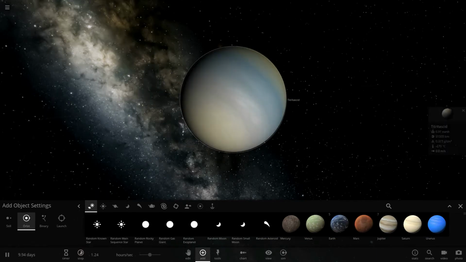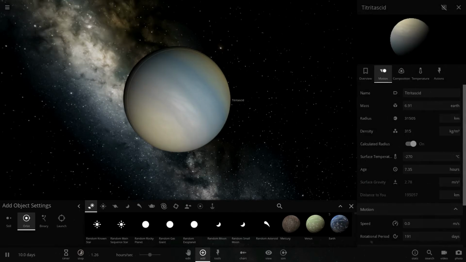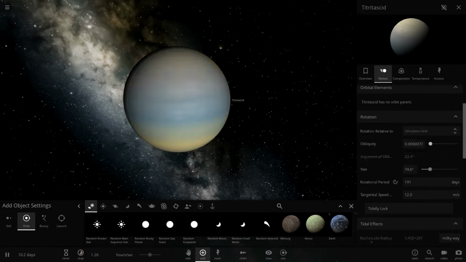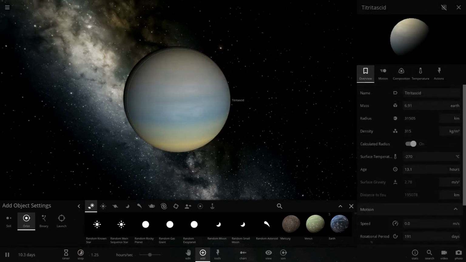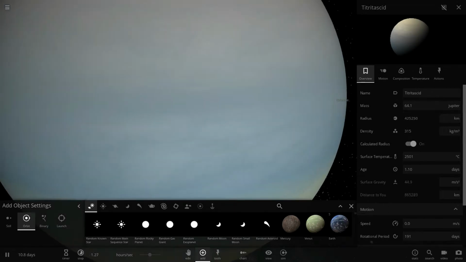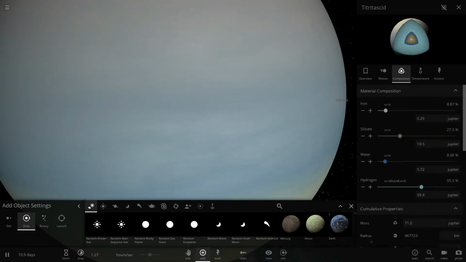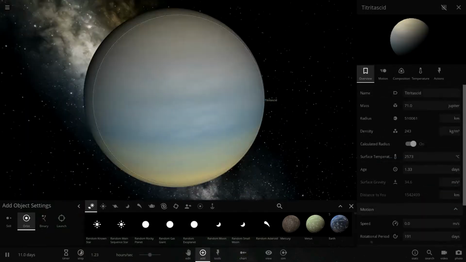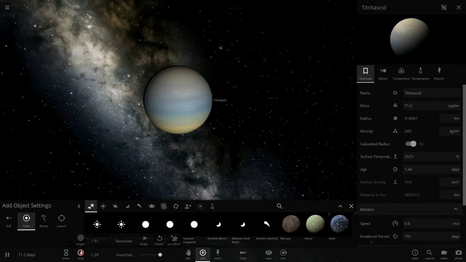So we just hit this. We're gonna make this 71 Jupiters in mass. Okay, so she's gonna shrink.